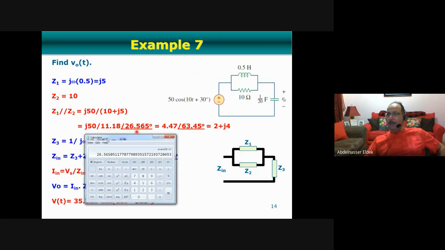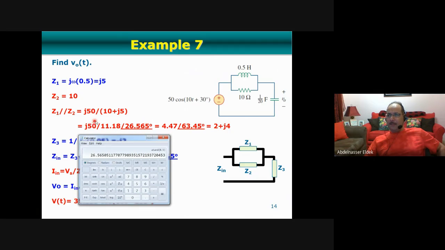Okay, so now if you want to calculate this, you divide the amplitude: 50 divided by 11.18 equals 4.47. And the phases, you subtract the phases. The phase in the numerator is j, which is 90. So it's 90 minus 26.565. This will give you 63.4.